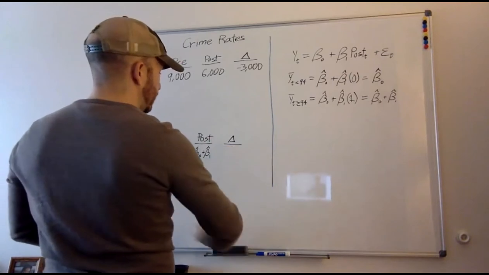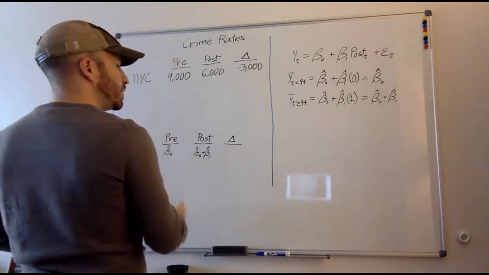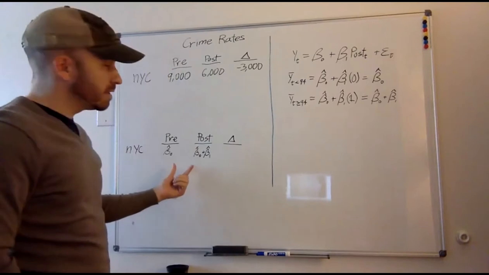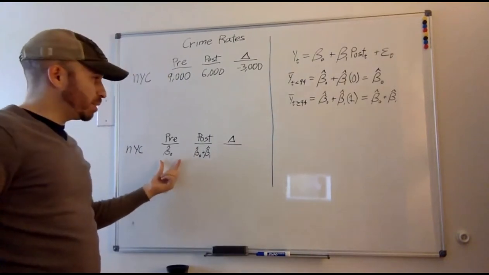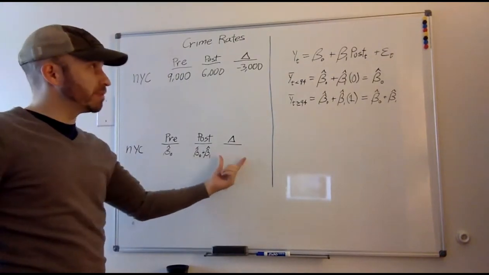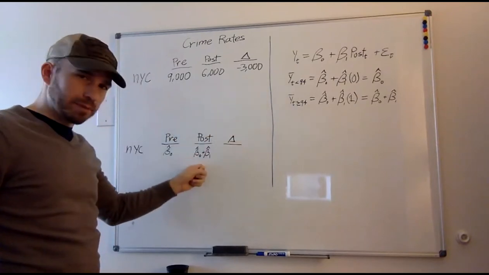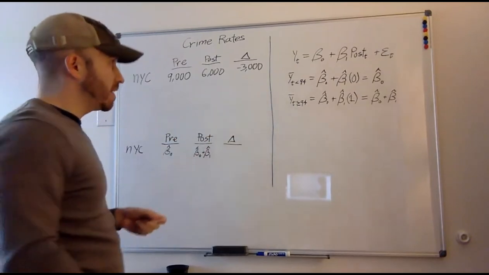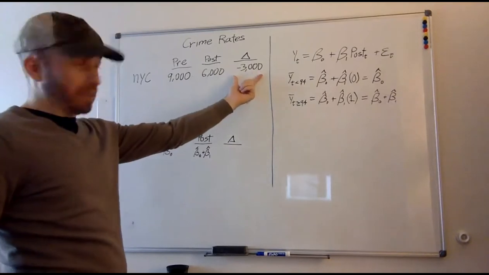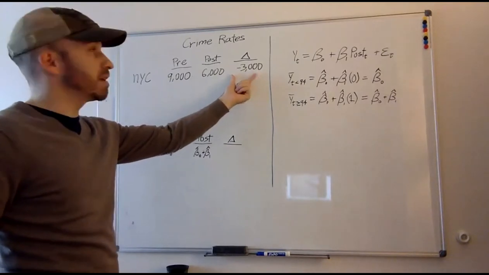And so the difference post minus pre, side note, my brain will not allow me to put pre after post here, but when we take the difference, it's always going to be post minus pre, in order to get how crime rates actually changed going into the post period.